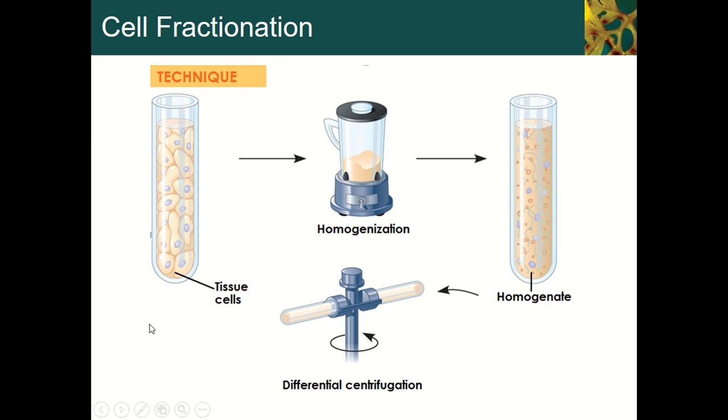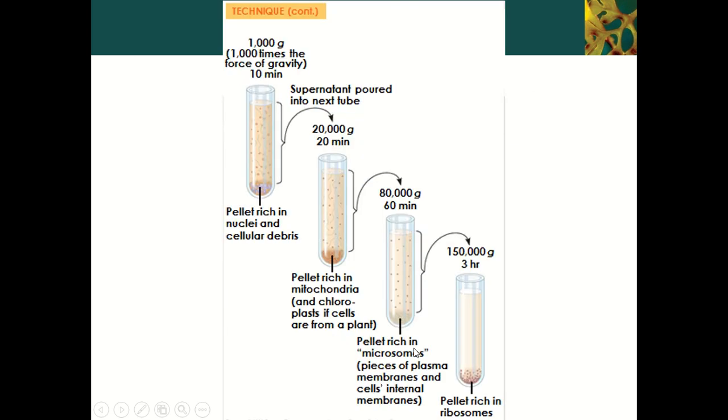Here we have a tissue cell, and we homogenize it first, and then you put the homogenate in the centrifuge bottle and go through the centrifuge process. For the supernatant, you can separate again the organelles found in it: you pour the supernatant of the first tube into the next tube, centrifuge again, pour again into the next tube, and centrifuge again.